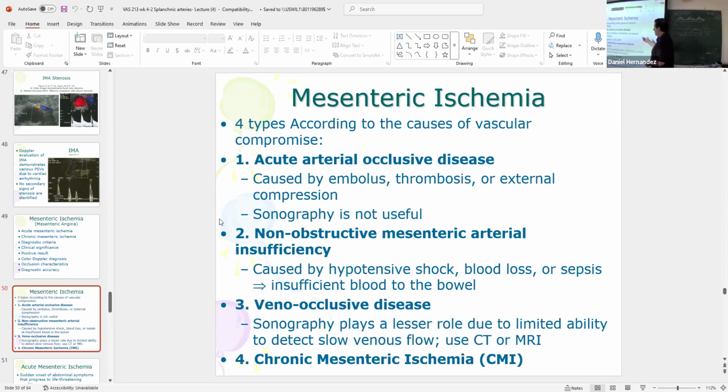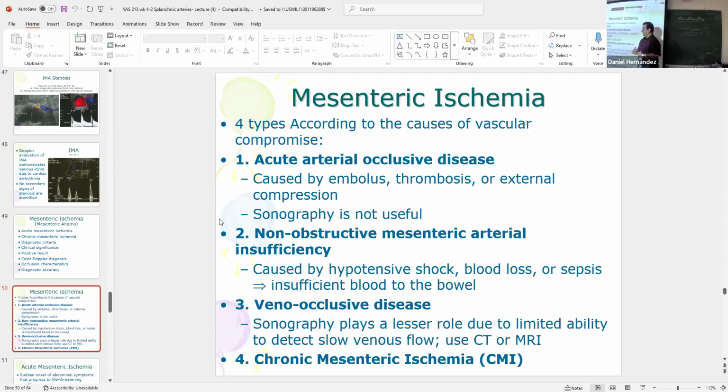First, acute arterial occlusive disease, with sudden onset of symptoms. This was a normal healthy patient who never had any issues with digestion. All of a sudden they're having sharp acute abdominal pain. We'll see in a moment that some of their symptoms are very different. With the acute, they evacuate their bowels all of a sudden and don't have control. So it's a bad situation.